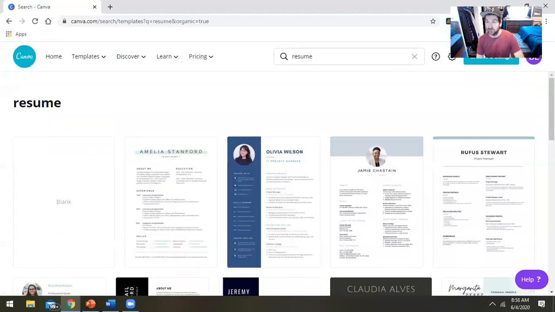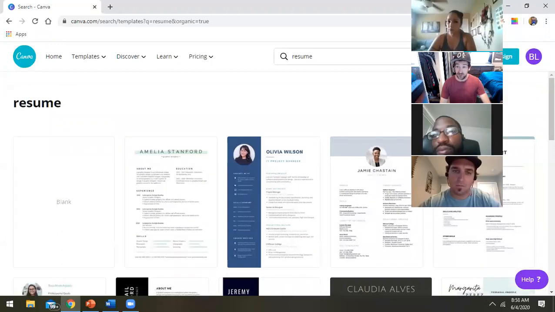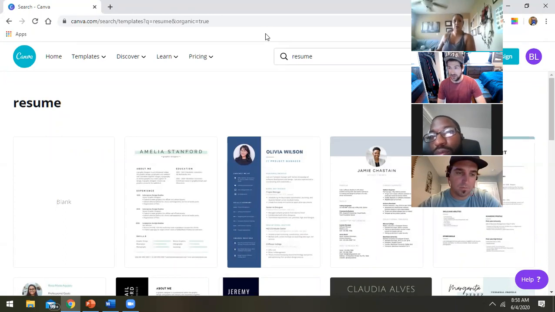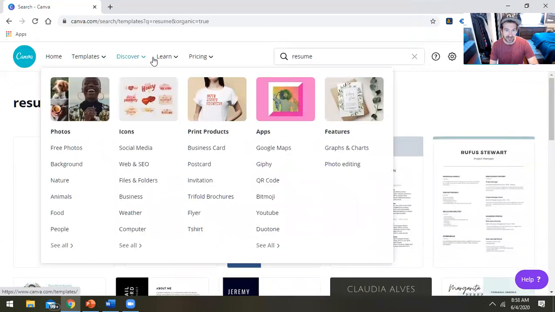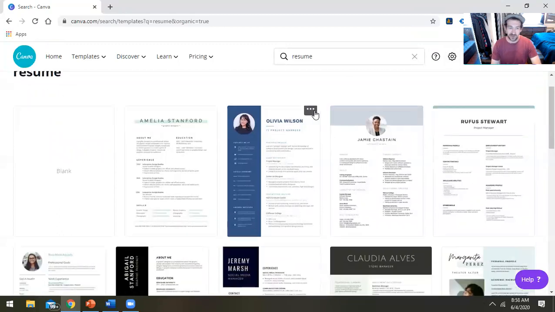This is a free editing software that you guys can use actually. And if anybody wants to build a resume off this website, please feel free to go for it. It's actually a pretty cool site if you're ever designing flyers or business cards or stuff like that, this website rocks. It's how I've been making all the thumbnails for the little YouTube videos.